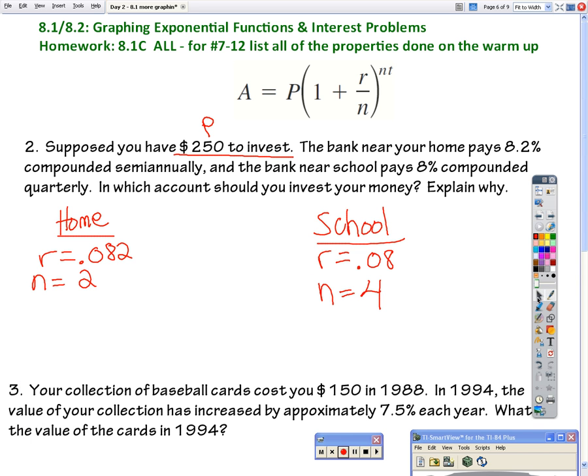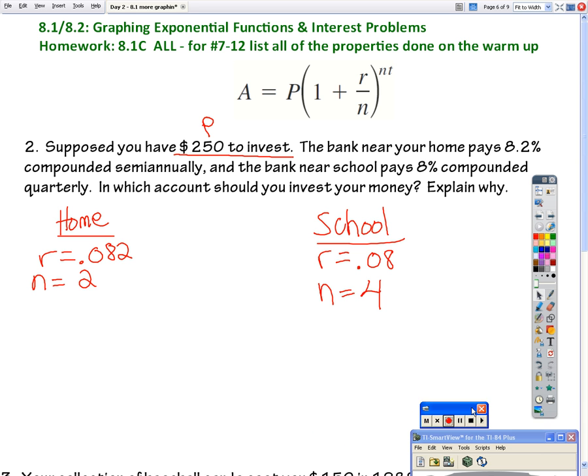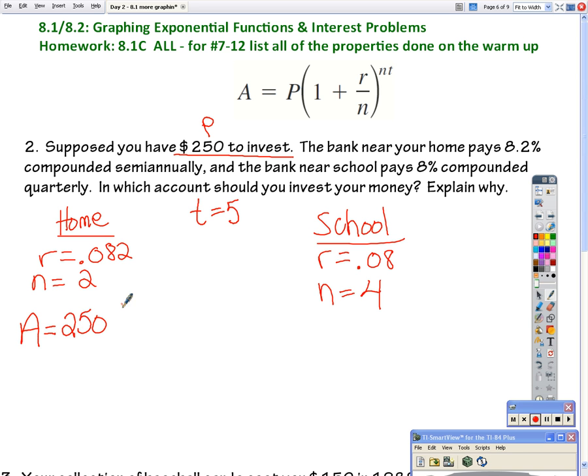Notice the problem doesn't give us a time period. So let's pick one. How many years do you want to estimate? Okay, I heard 5 and 1, so let's try 5 to start. So we have to do this twice. So for the home account, I'm going to plug in my numbers.